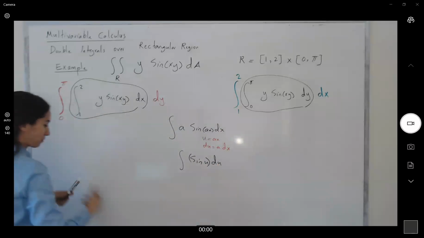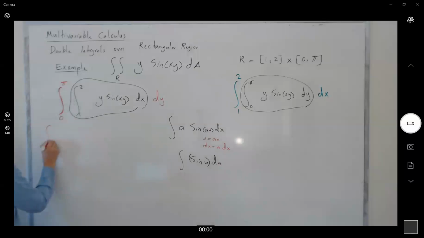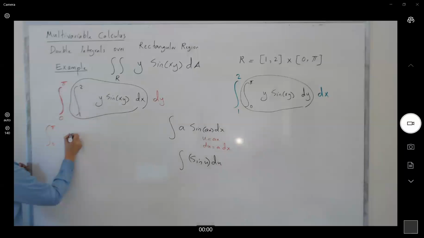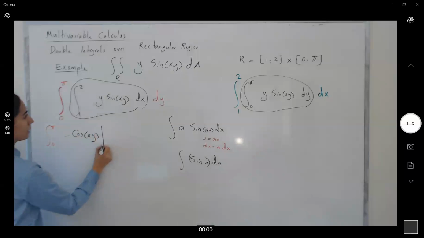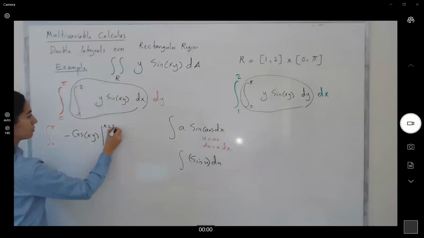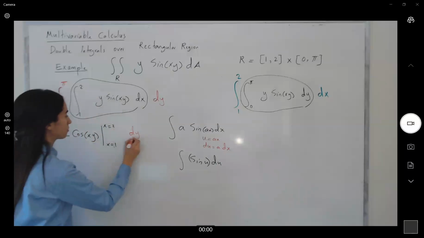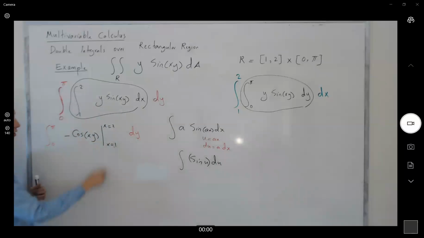Here you have the integral from 0 to pi of negative cosine xy, and your x ranges between 1 to 2. Then we take the integral with respect to y. Let's plug in 2 for x.